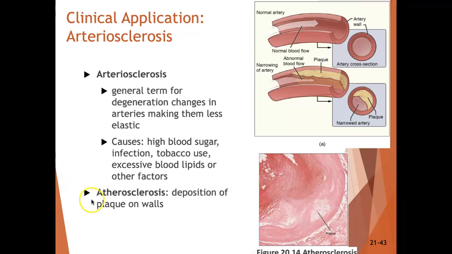And so one of the types of arteriosclerosis is atherosclerosis, where we get an accumulation of plaque within the walls of the vessels. And you could see that taking place here in this histology image too, where this is going to be the lumen and this is more toward the external surface of the blood vessel.